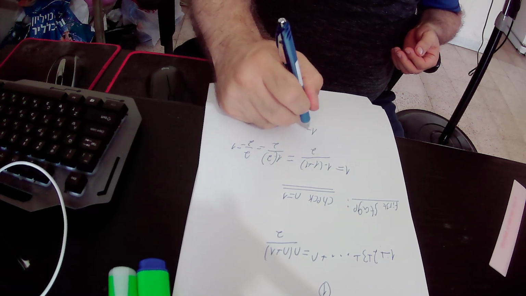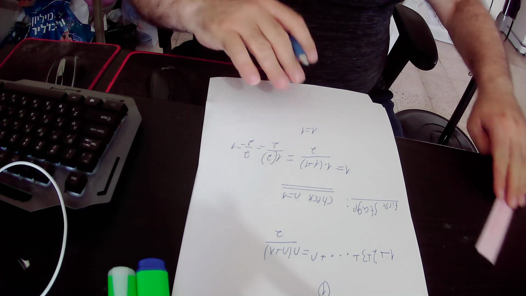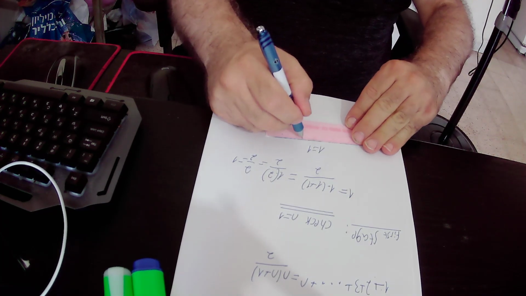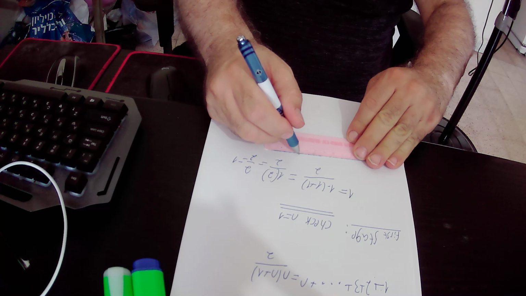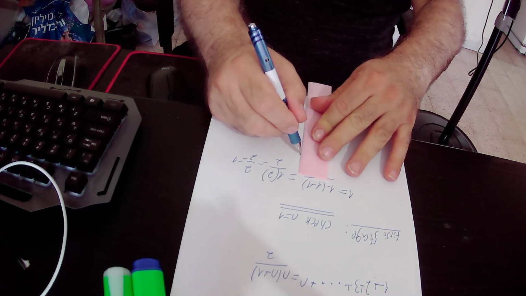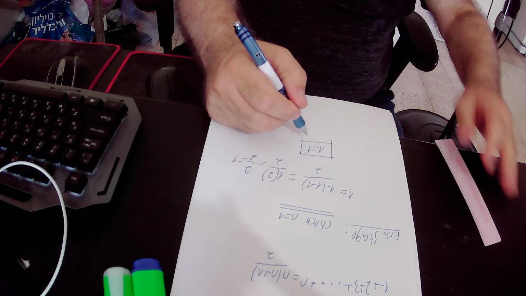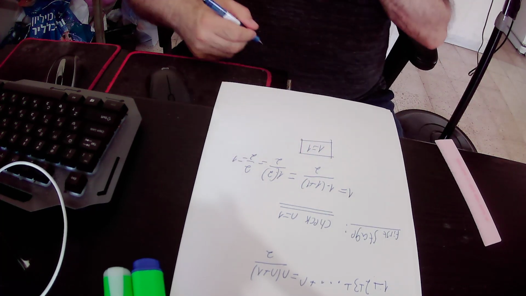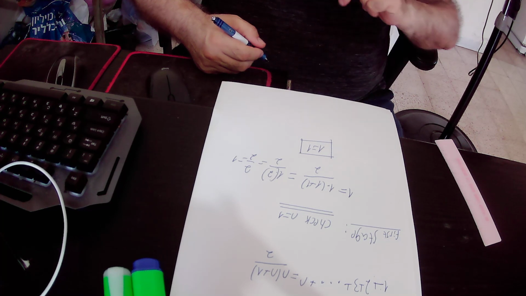So we actually have here an identity, 1 equals 1. So we succeeded to prove that the statement is true for n equals 1.